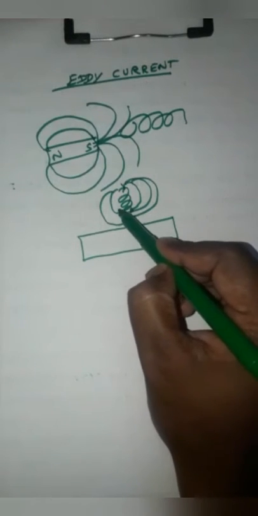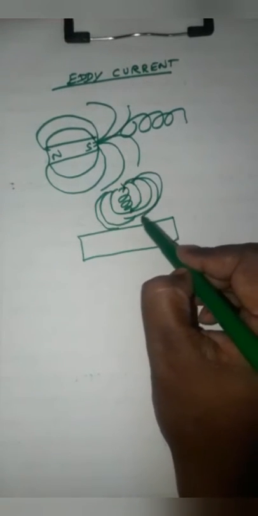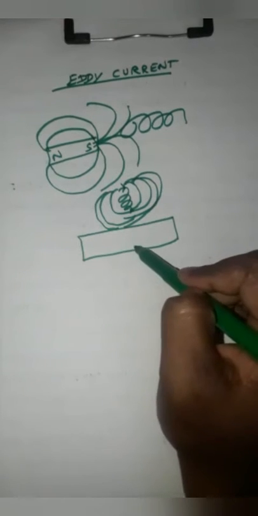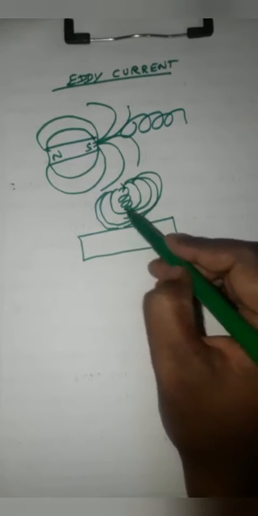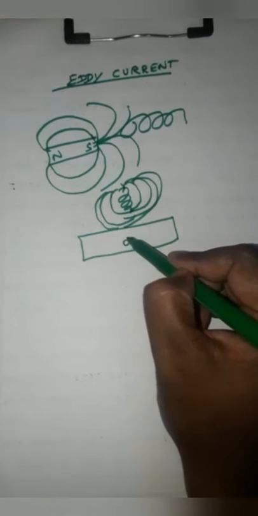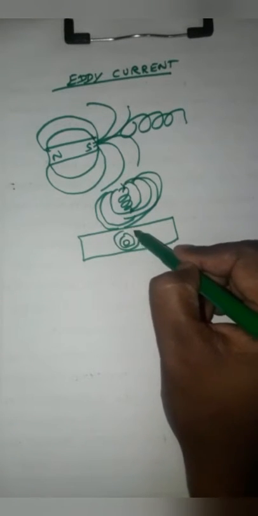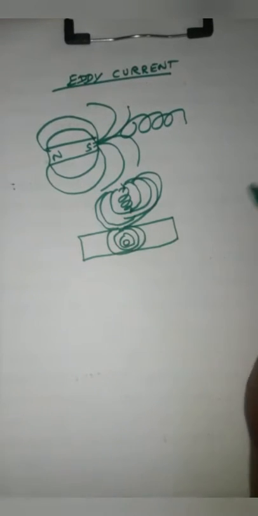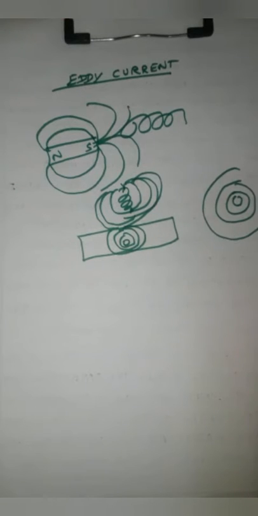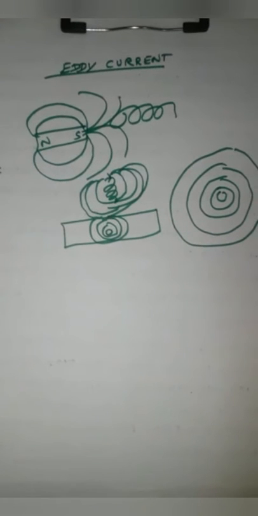When the lines of forces link with the sheet or solid metal shaped conductor, the induced current is created in a circular form, because there is no way to go here and there.